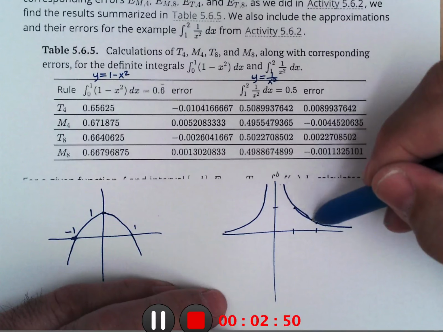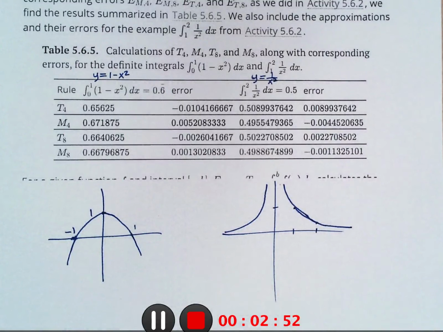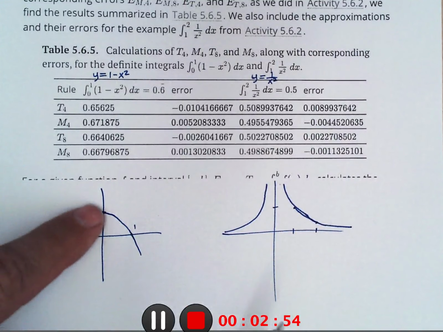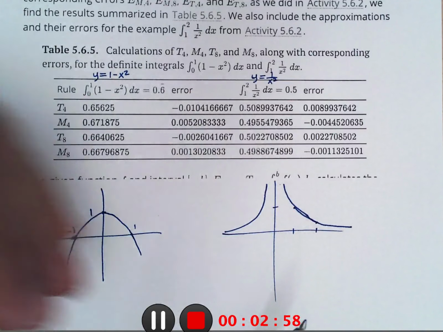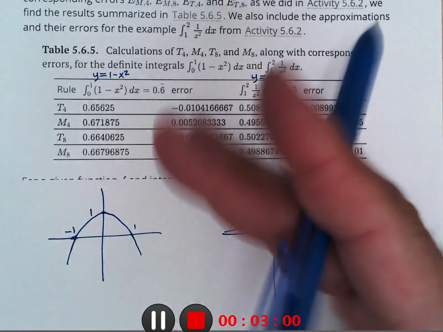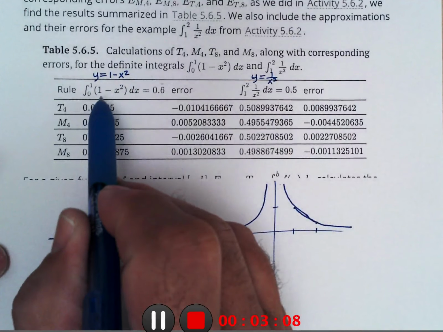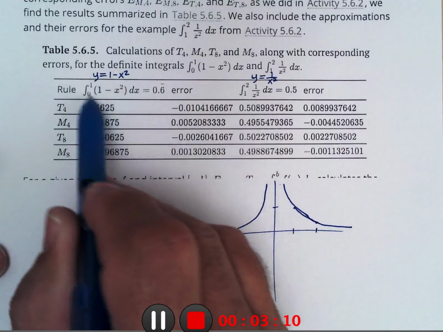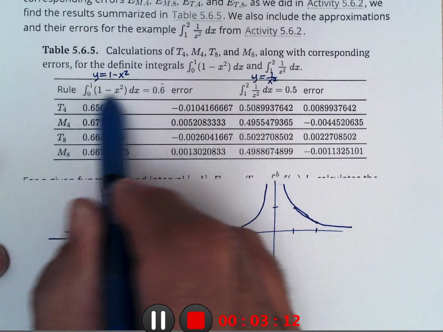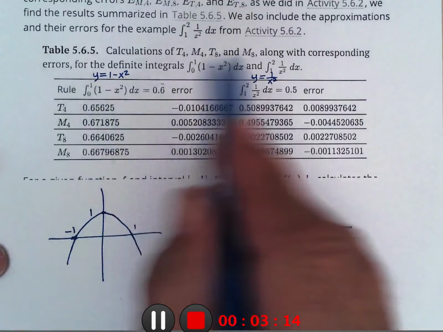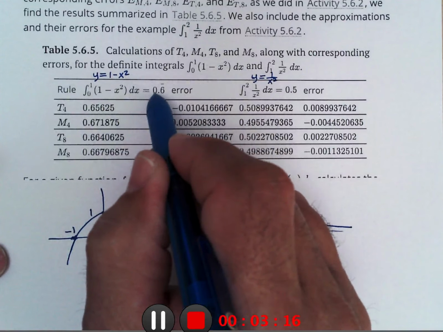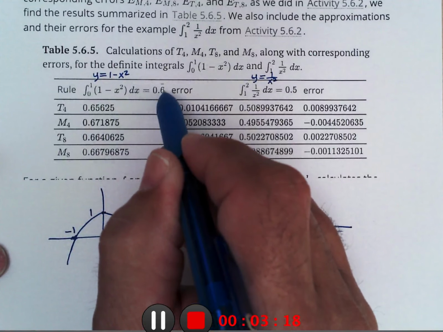And the reason they chose these two is they're both decreasing, and this one's concave down, and this one's concave up. And that's kind of what they want you to see here, the important things. And this is an easy integration to do, so you could integrate this and evaluate from 0 to 1, and it comes out to be exactly 2/3, or 0.6666.